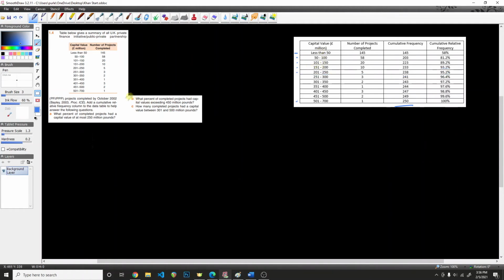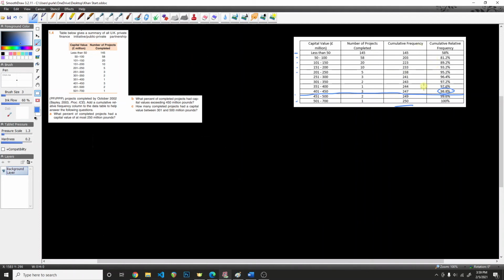Now looking at problem number B, what percent of completed projects had capital values exceeding 450 million pounds? We go up to 450 million pounds and we could draw a line again. And we said we're looking for the projects that exceed 450 million pounds. So we're going to ignore everything above this line. But what we can see is that we're actually excluding 98.8% of the data, right?